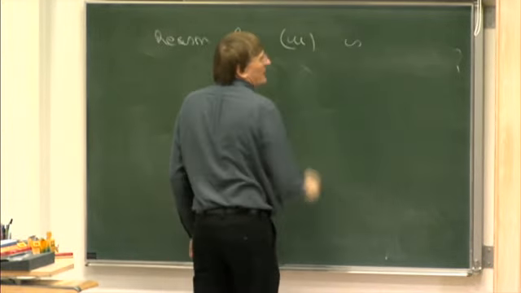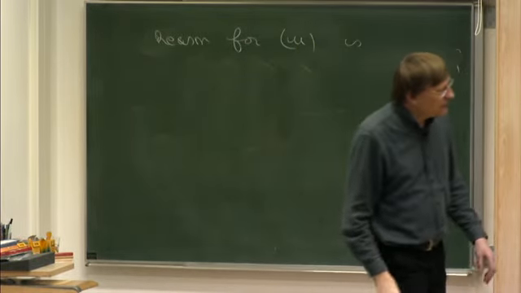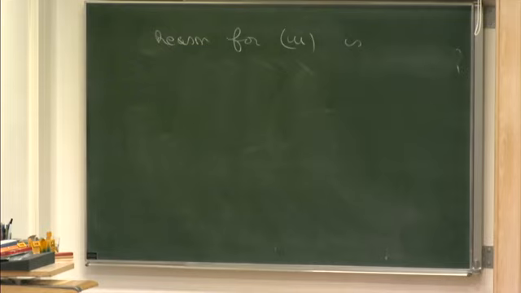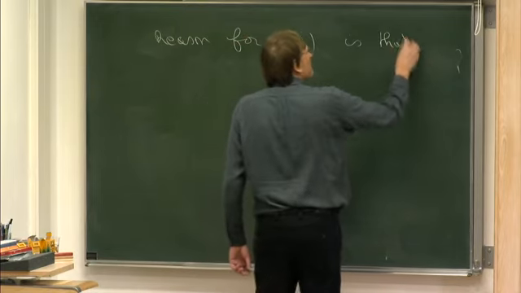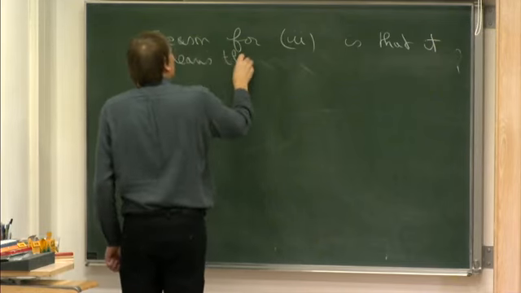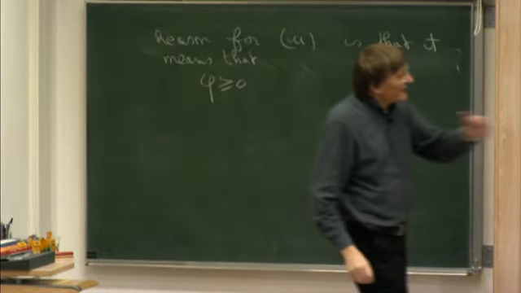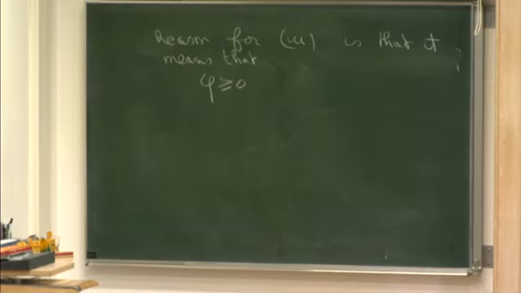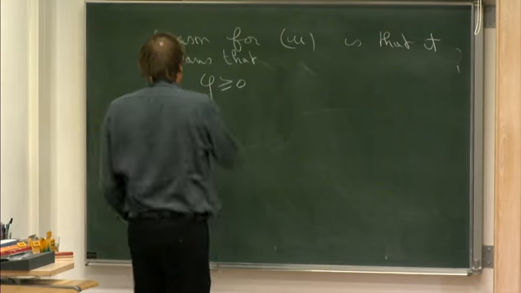The reason is simply the fact that the mean is zero. What does it mean? That means that phi is non-negative, which we already know because phi epsilon is non-negative because u is less than 1. So we already know that.